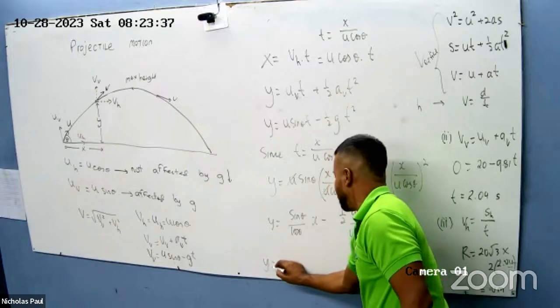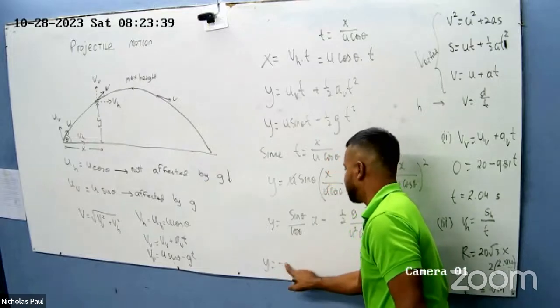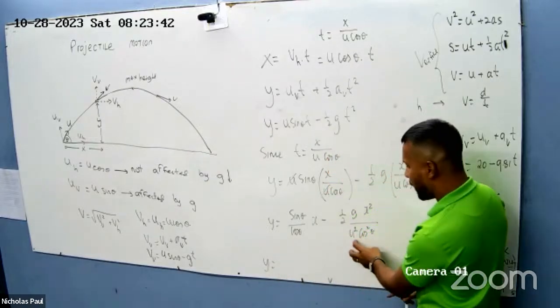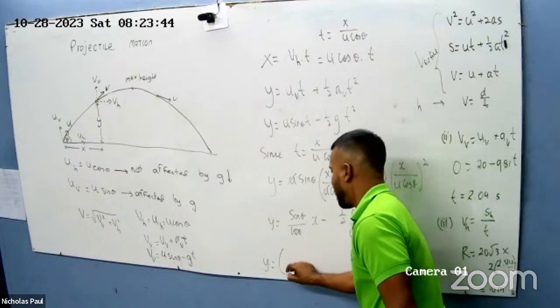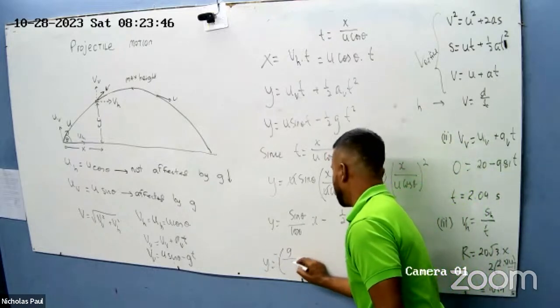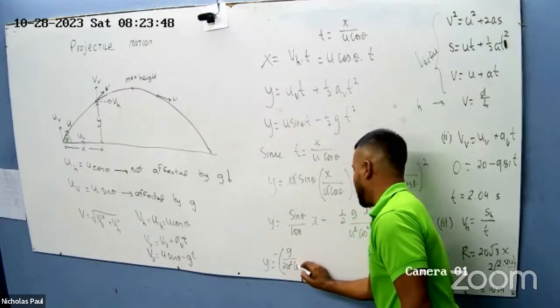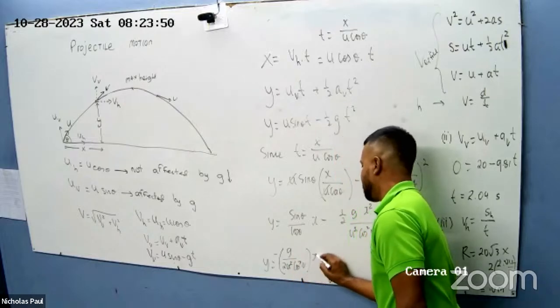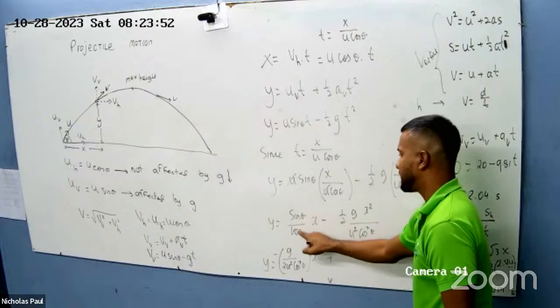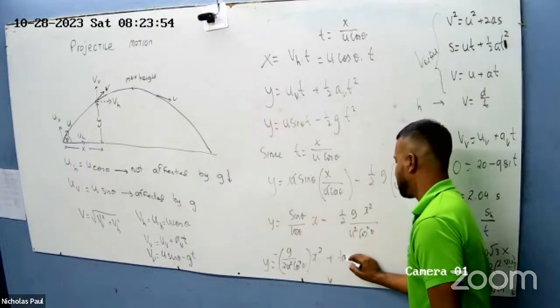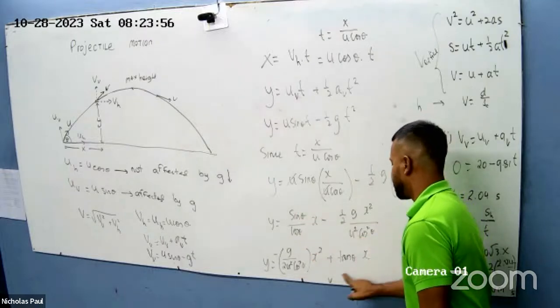So y is equal to minus, I just put the 2 down here, open brackets, g over 2u squared cos squared theta by x squared, plus sine on cos is tan theta by x.